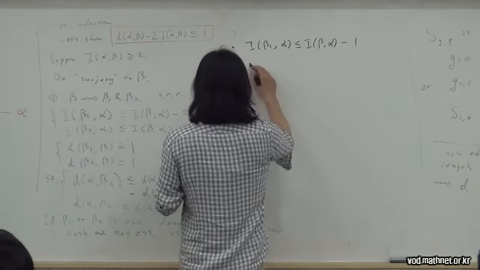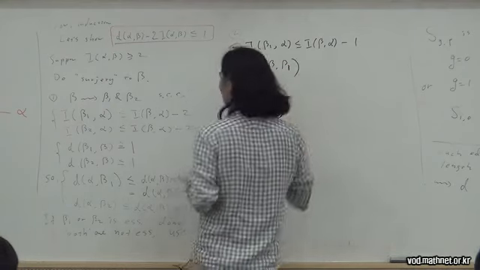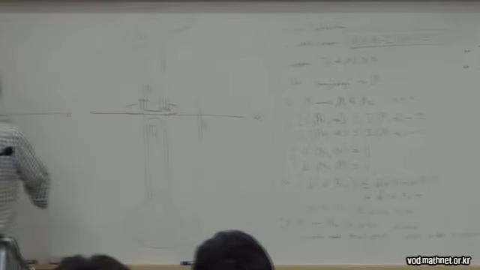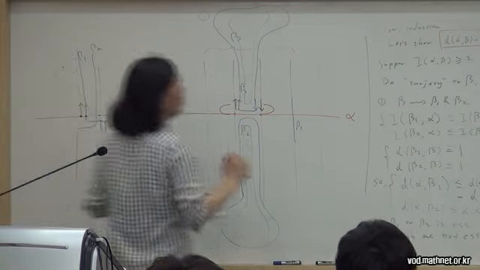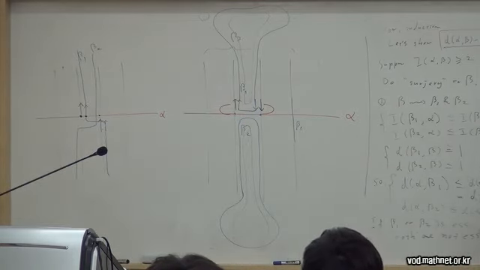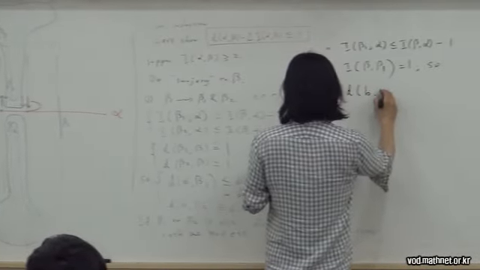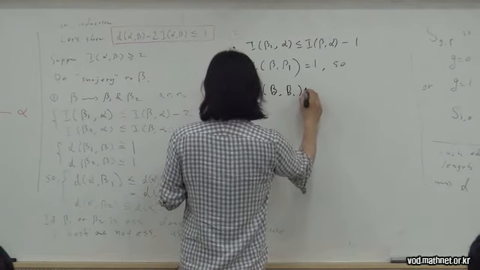And also the intersection number of beta and beta 1 in this case is 1. So I use a lemma: beta 1, sorry, beta 1 is 2.